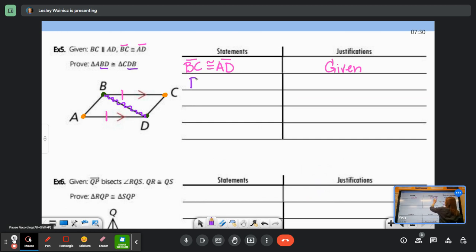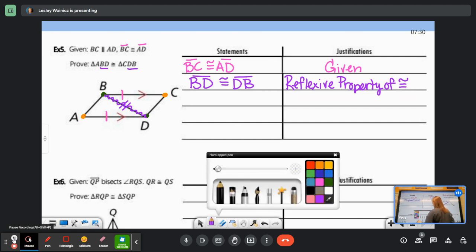So BD is congruent to side DB, and that is our friend the reflexive property of congruence. Okay, so I have two sides congruent.